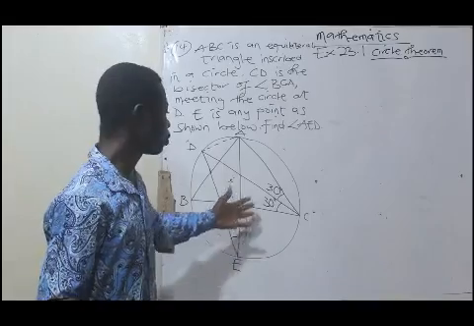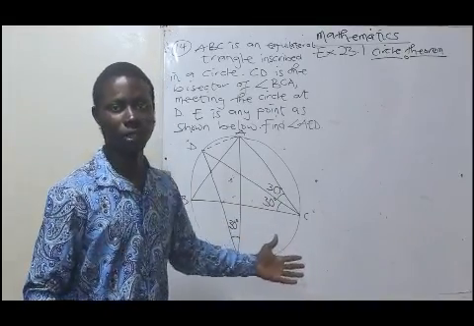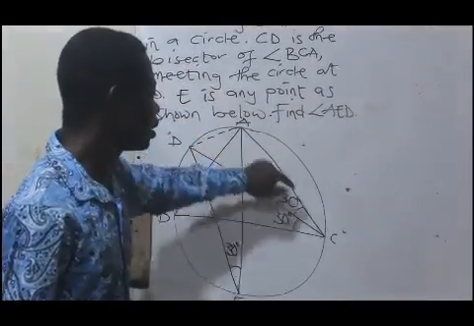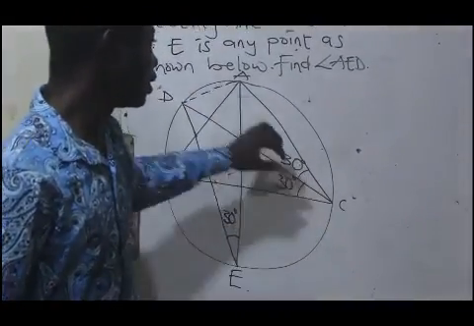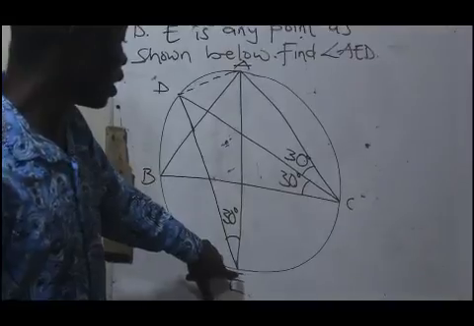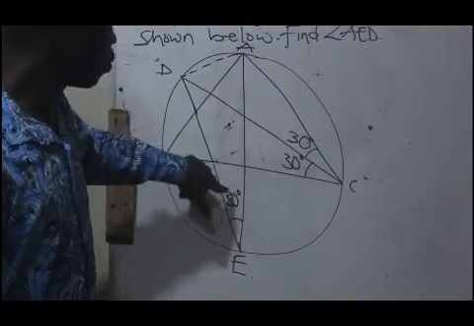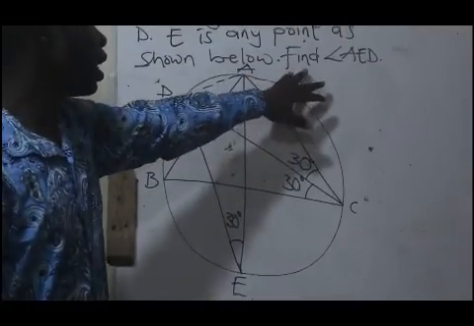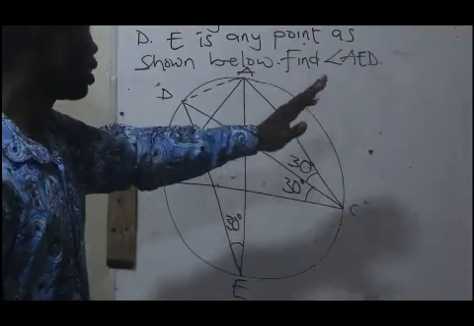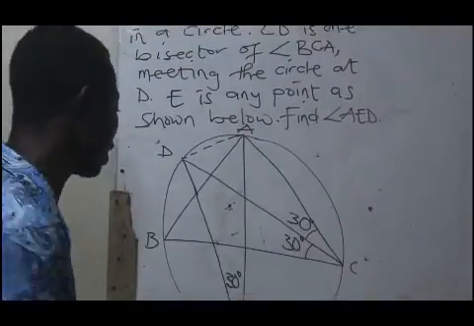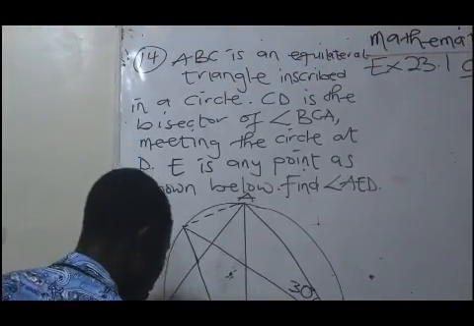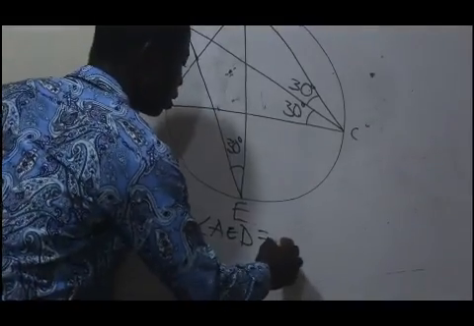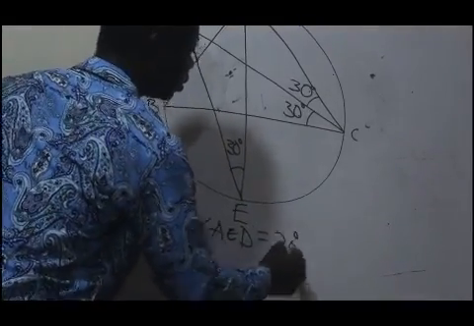So if DA subtends an angle at C to be 30 degrees, the same DA is also subtending an angle at E. Therefore, that angle becomes 30 degrees. So our final answer, angle AED, gives us 30.